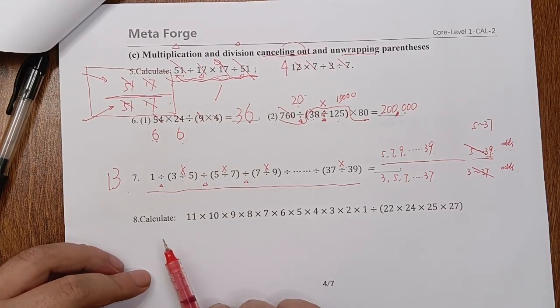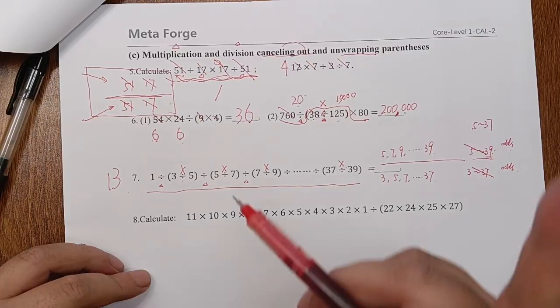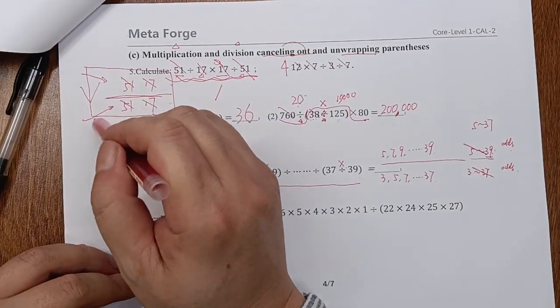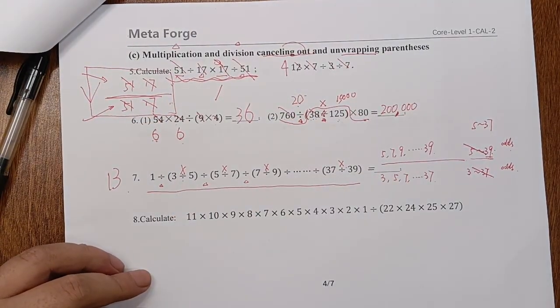The last one is a long chain. Controlling the whole number is the key capability this problem is testing. You can write it in two formats, vertical format.